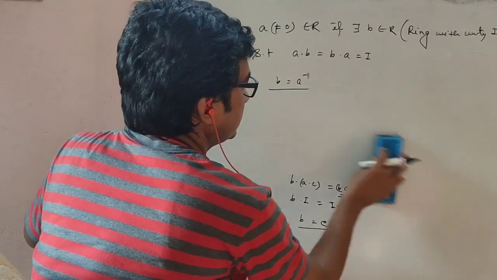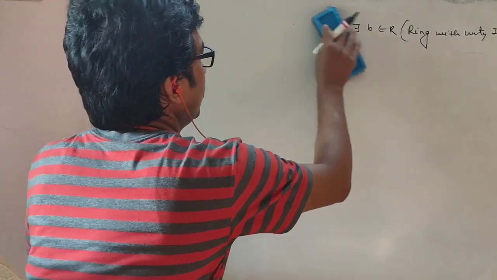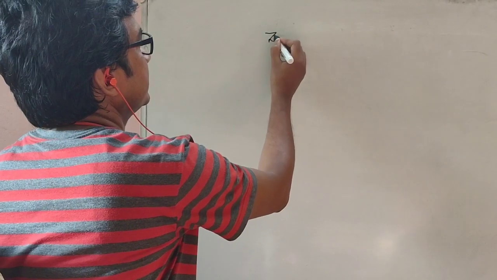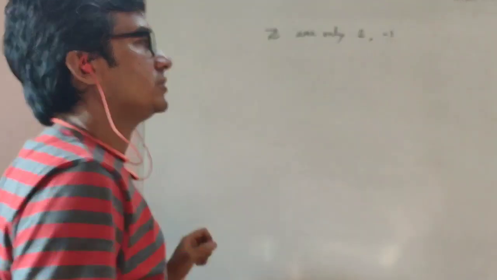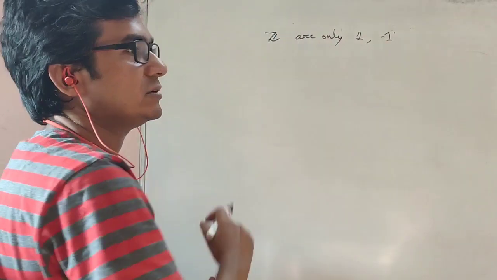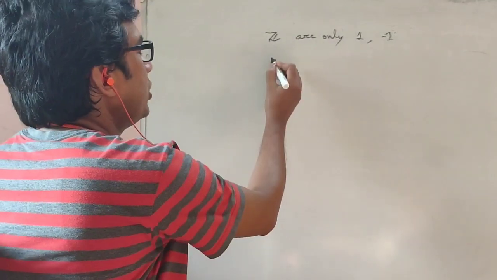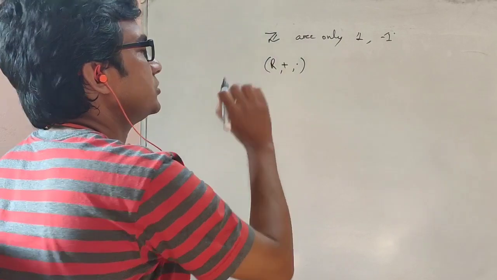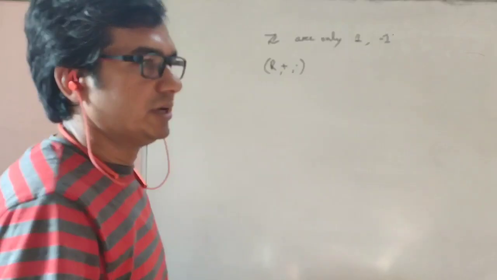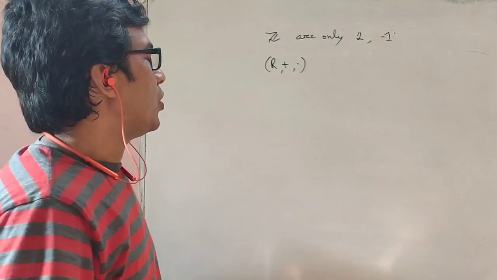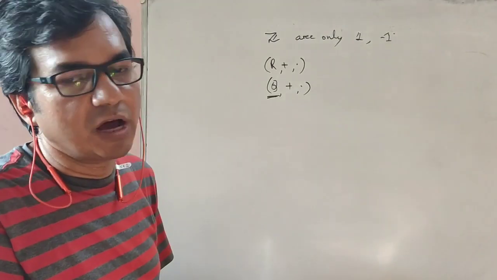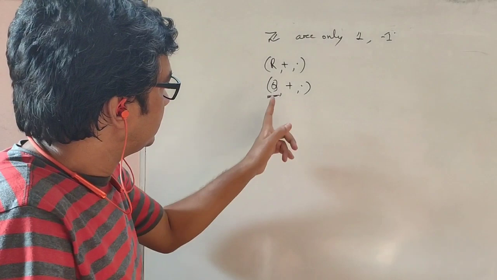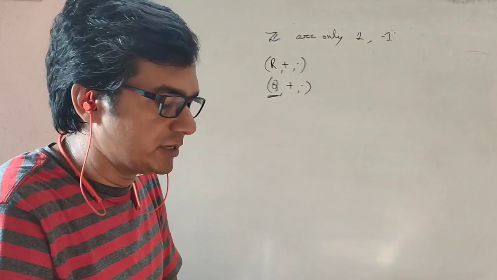Now the unit elements of the ring Z are only 1 and minus 1, and the other elements are not units in Z. In R with plus and dot, all non-zero elements are units. In Q with plus and dot, the set of rational numbers, all non-zero elements are units.